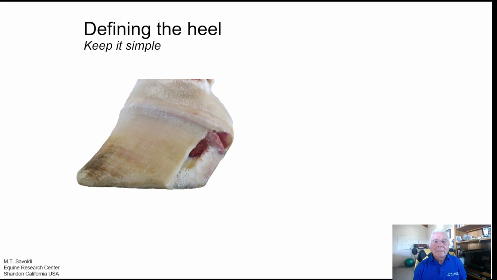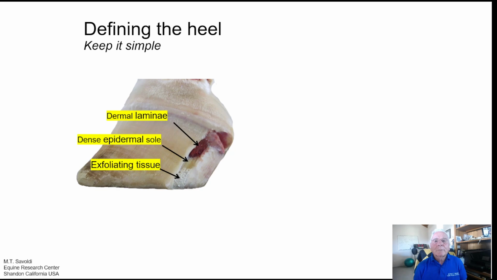Defining the heel, let's keep it simple. So our exfoliating tissue, our dense epidermal sole, and our dermal lamina. You notice I've switched some words around on that dense epidermal sole. Some people call it the shiny sole or the waxy sole.